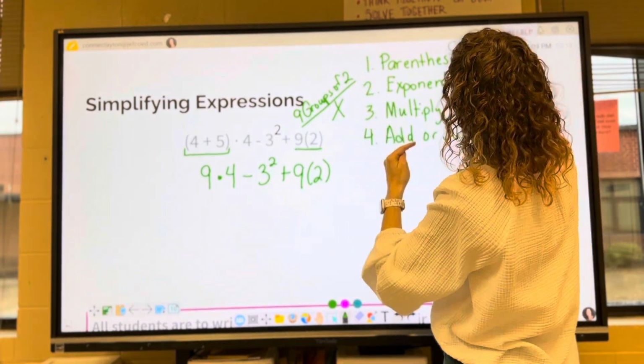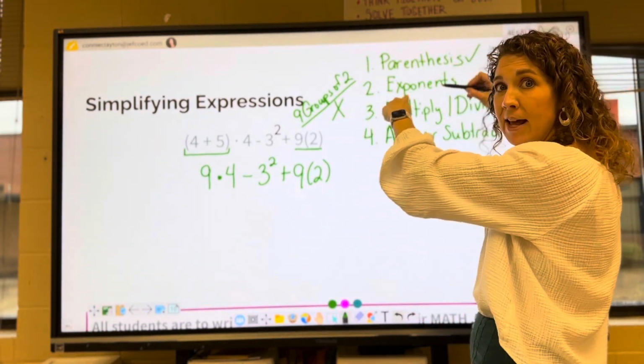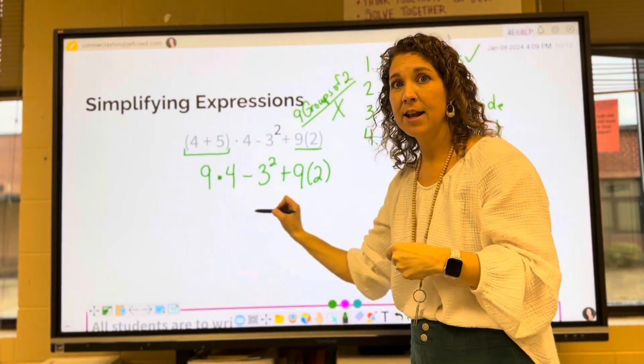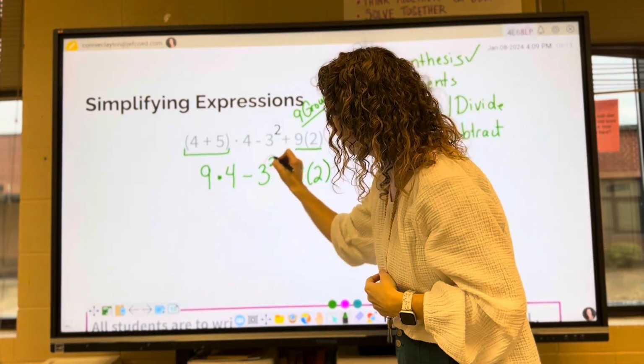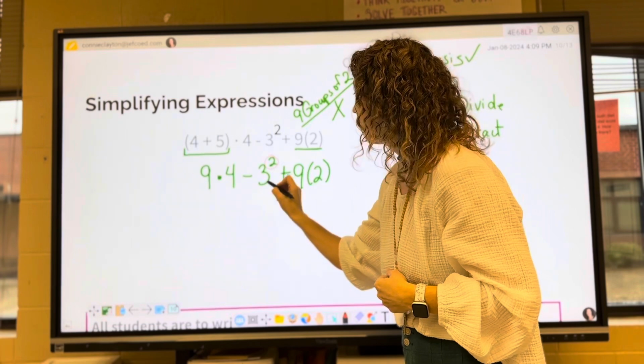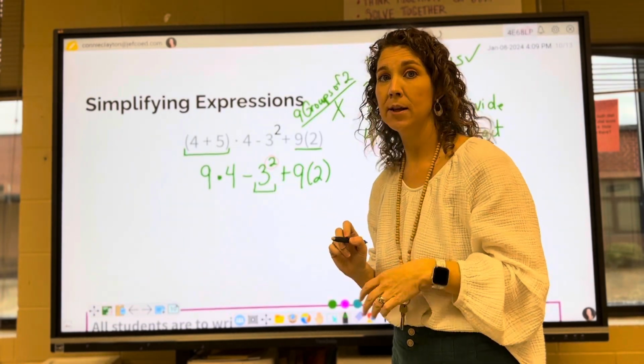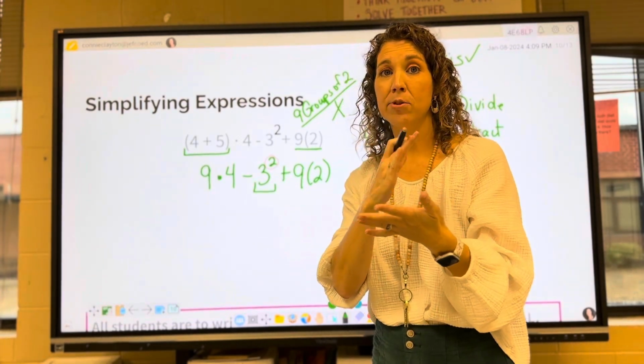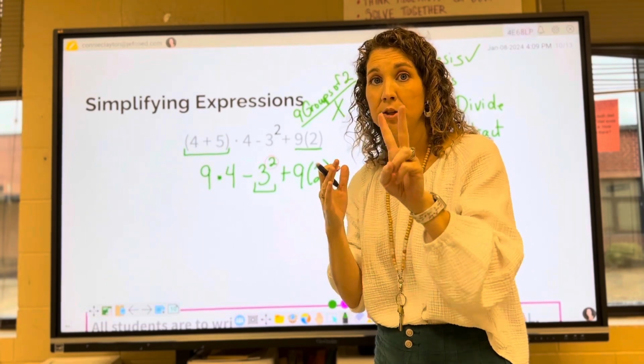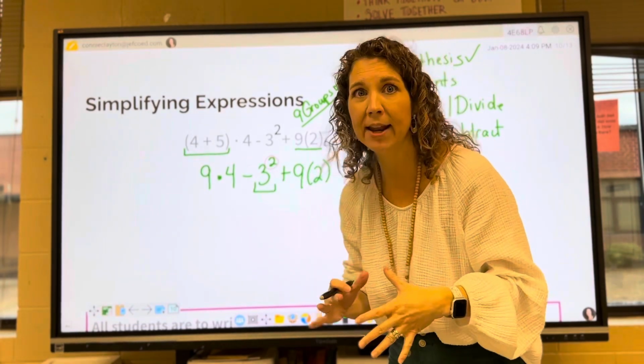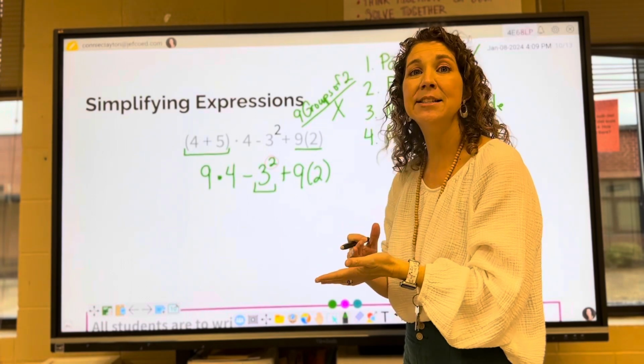After you've checked off parentheses, we're moving to exponents. We have an exponent. Remember that little number right there? That is an exponent. 3 to the 2nd power is not 6. It means 3 times 3, 2 3s multiplied together. 3 times 3 is 9.